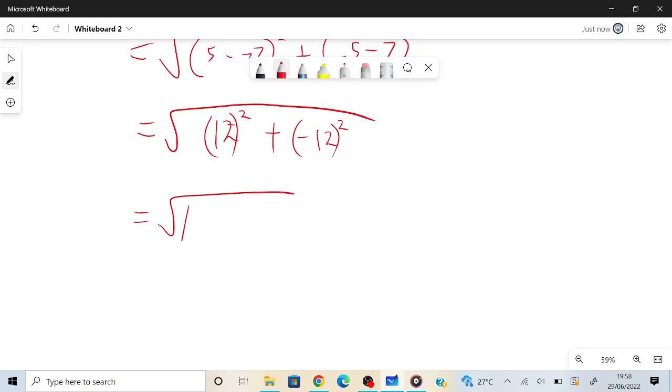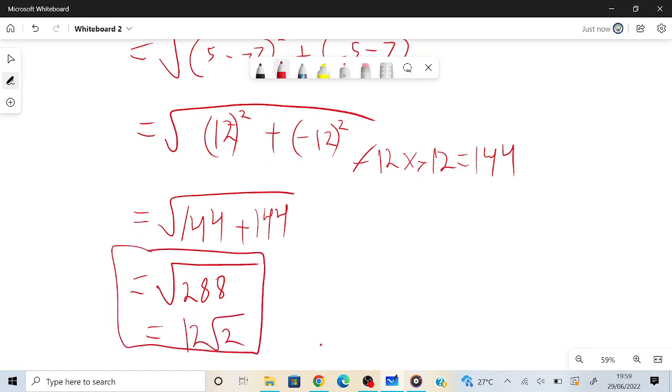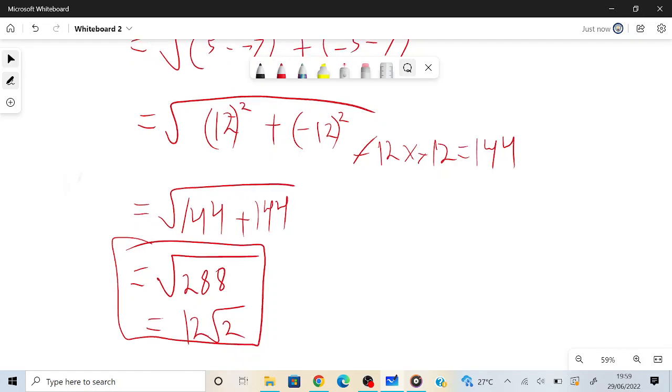So 12 squared is 144, and minus 12 squared, that's minus 12 times minus 12, and that is also 144. The minus cancels and becomes positive. This was 144 plus 144. This becomes the square root of 288, and this is the same as 12 root 2. Note that both these answers can be taken as the correct answer. That is the answer for that example.